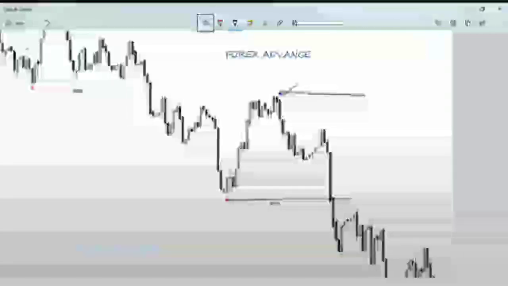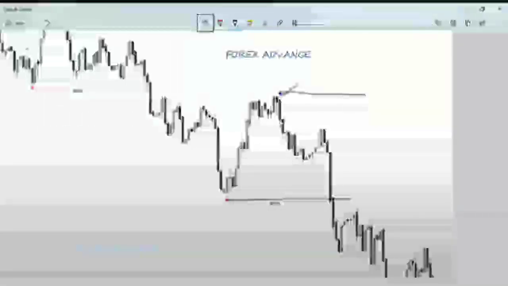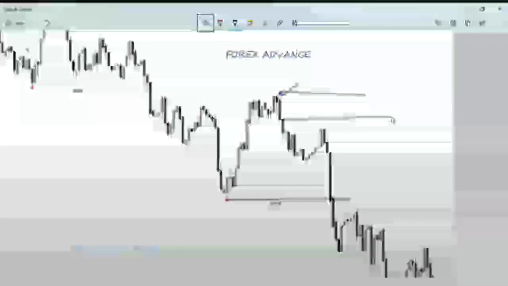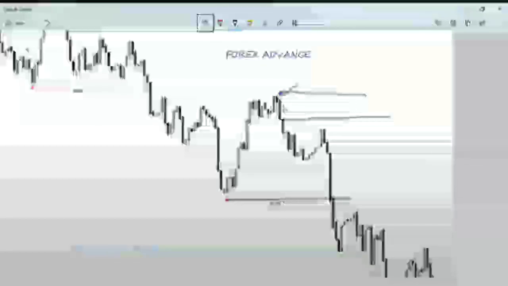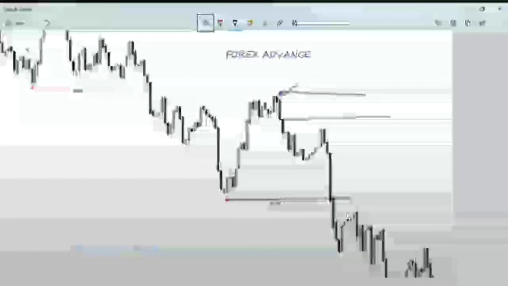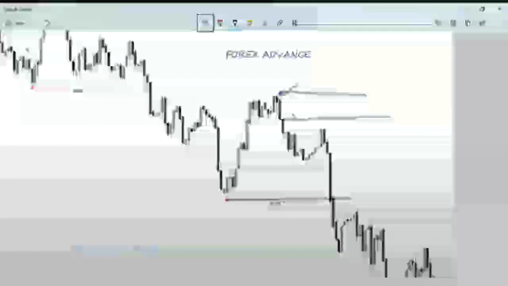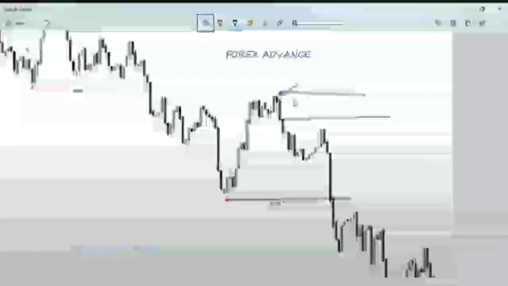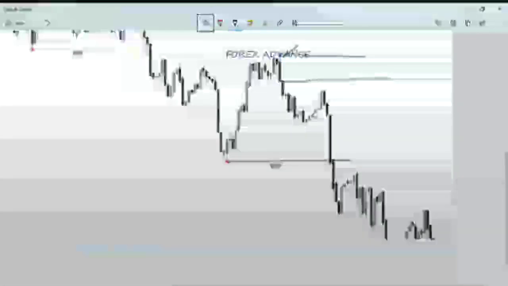This candle also has a proper imbalance, so this specific candle will be our valid order block. So this candle meets all our requirements: there is a proper breakup structure, the market has taken an inducement, and there is a proper imbalance, and this specific area is our proper order block.